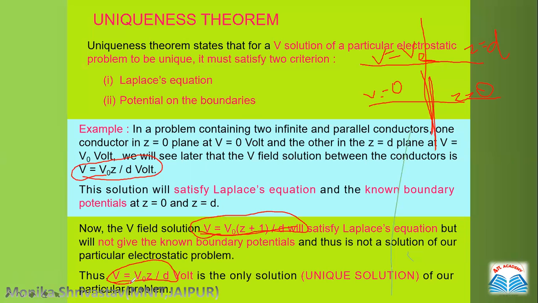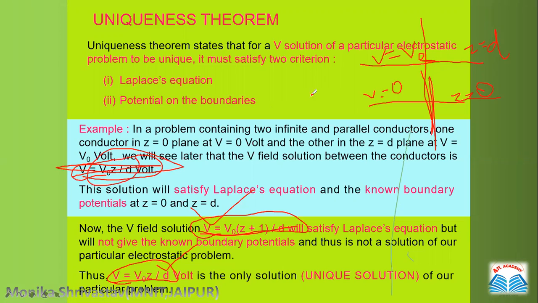We will check the potential on the boundaries. So this first one will not give the boundary potentials. I will tell you why. And this second one will satisfy all the boundary conditions, so it will give the boundary potentials. So the unique solution of this type of problem will be this one. So this one will be the solution.